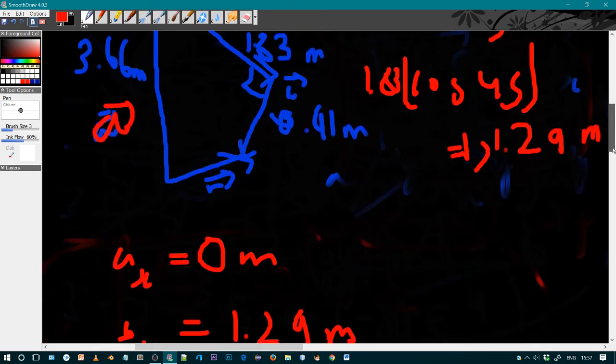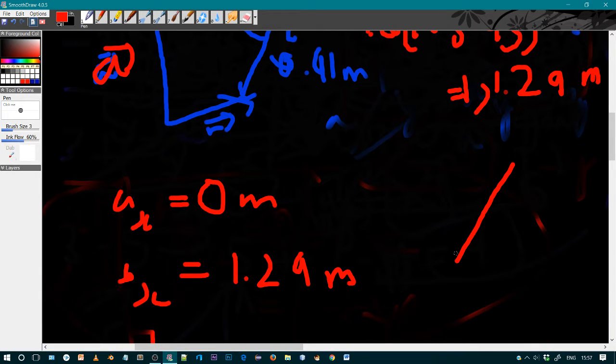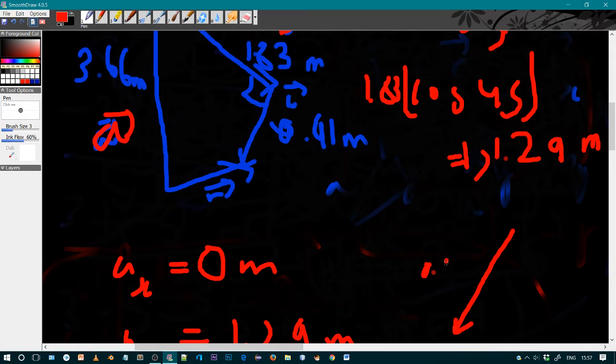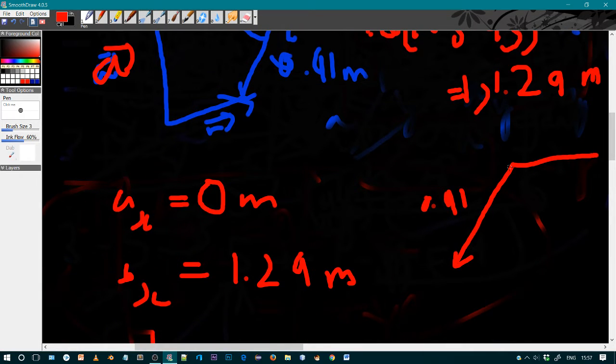Now Cx has a value of 0.91 meters, and if we have to divide it into its components, we'll do this.